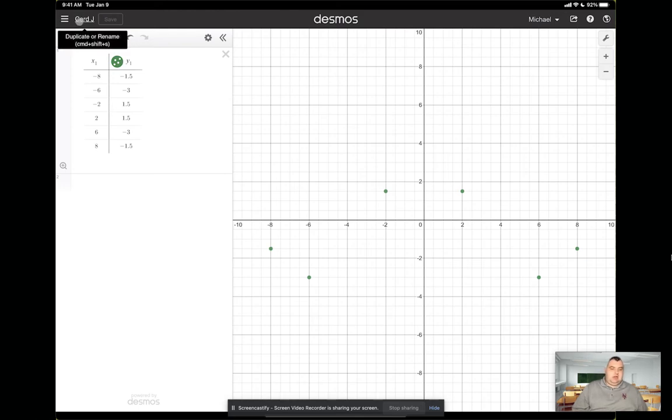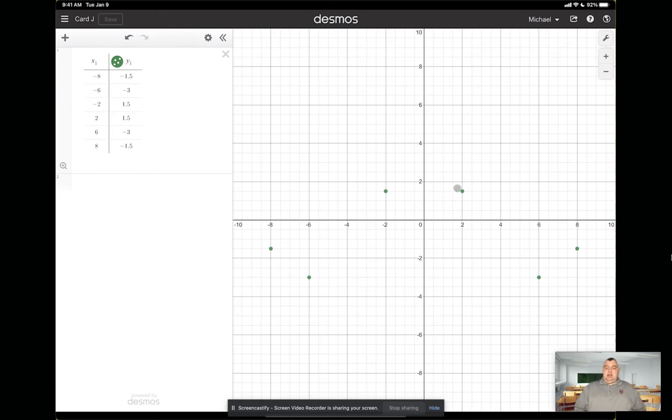So when I look at card J, we're looking for whether it's symmetric about the y-axis or if it has 180-degree rotational symmetry. First things first, is this graph symmetrical about the y-axis? When I look at this graph, this certainly does look like I could fold it on itself over the y-axis.